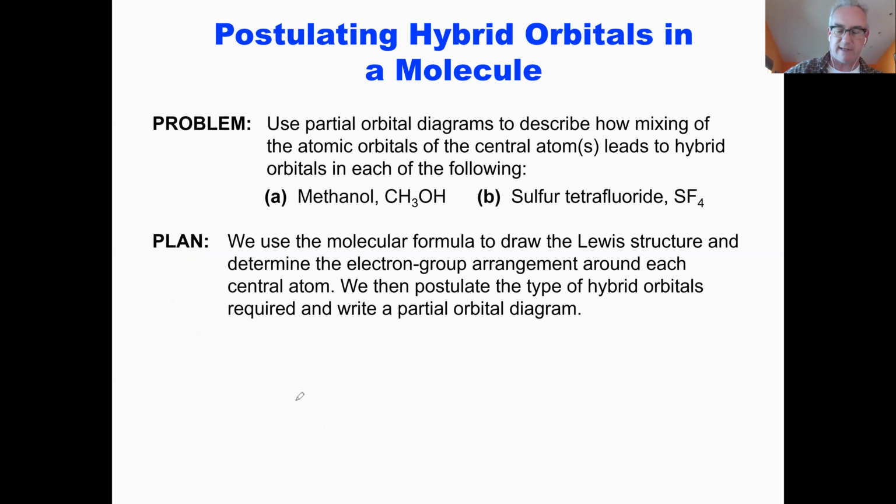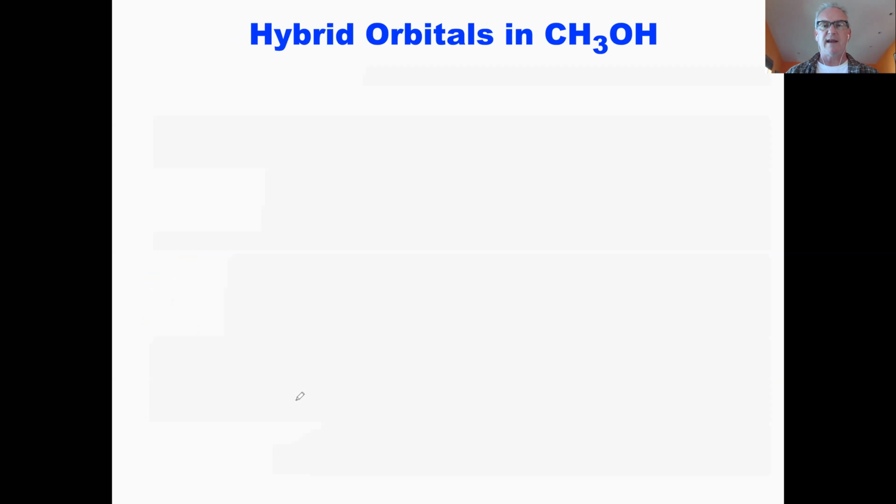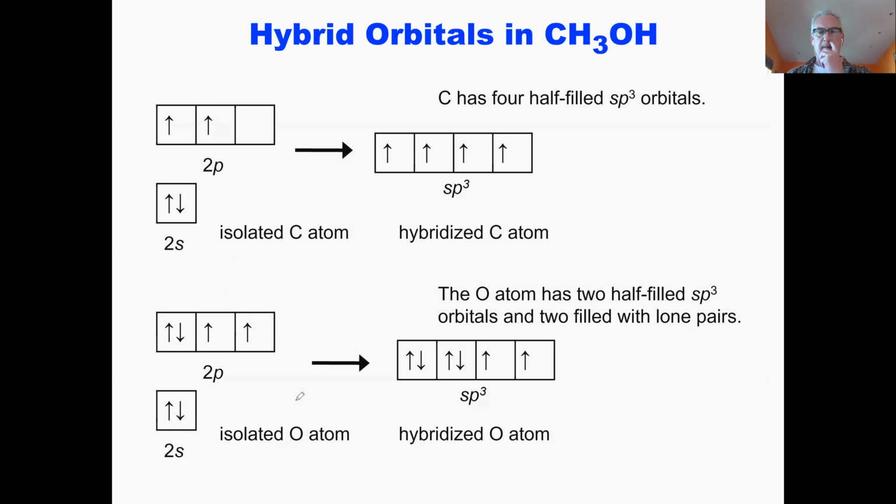So let's have a look and see what that looks like. You get this tetrahedral group around both the carbon and the oxygen. But like was pointed out by one of you geniuses, around the oxygen it's going to look bent, and it does. Now, the hybrid orbitals are going to be the same, since they're both sp3.